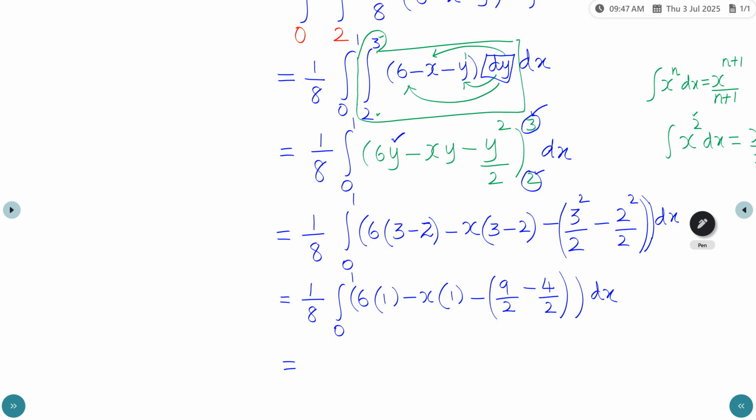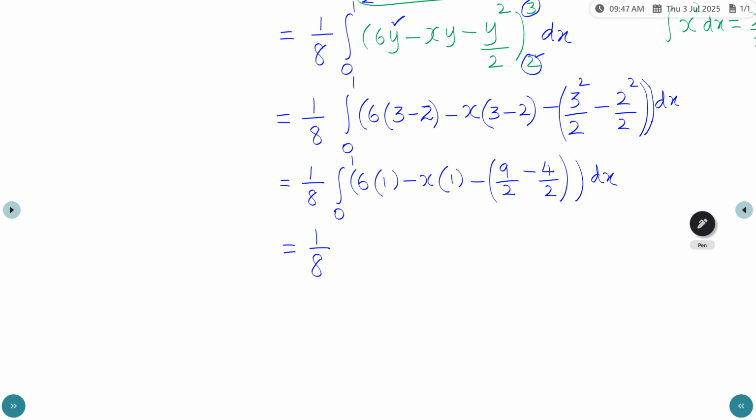So this is 1/8, integral over 0 to 1, 6 minus x minus, both the denominators are the same, so the denominator will be 2, the numerator 9 minus 4, that is 5, into dx.